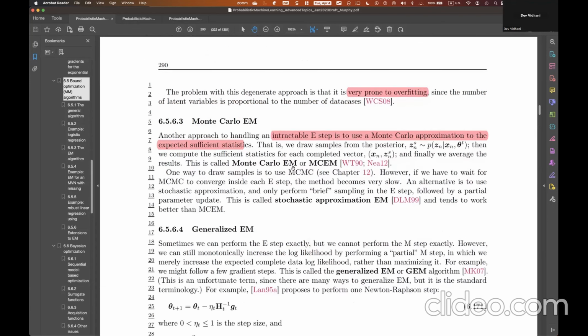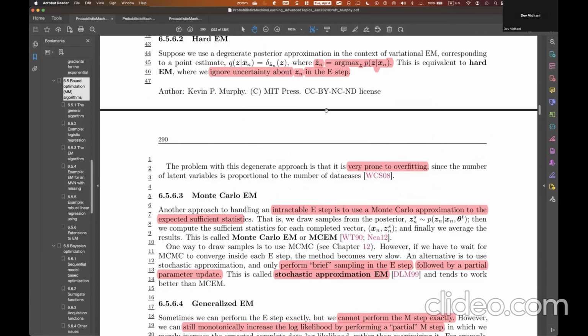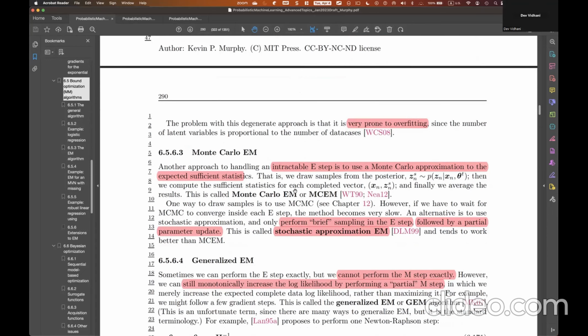I'll just go past. There are some other mechanisms for the EM part. Sometimes you just fix to the maximum value of Z rather than finding the distribution, but that can lead to overfitting. You have Monte Carlo EM, where you sample and compare the values that you found, and based on that you do the stochastic approximation.